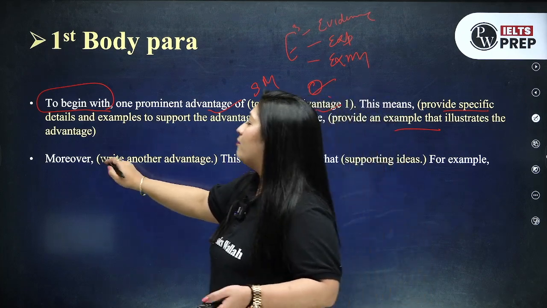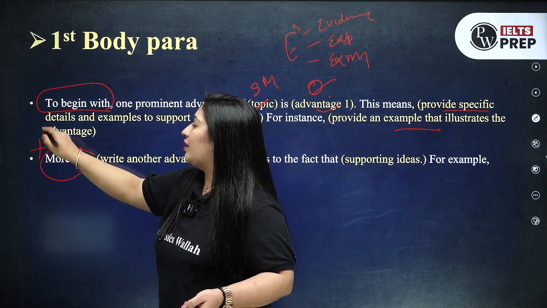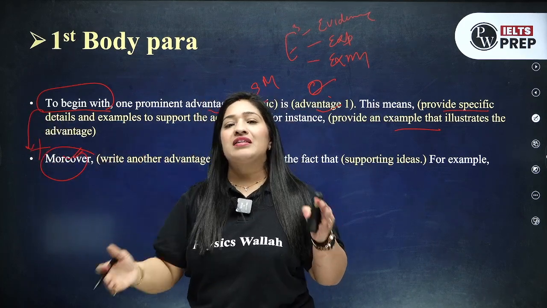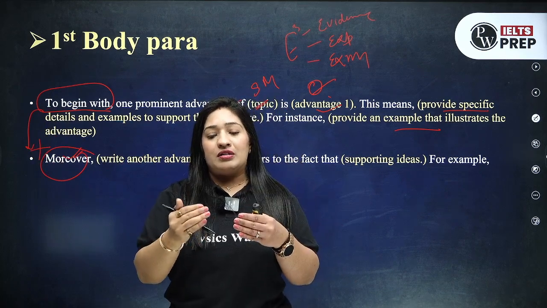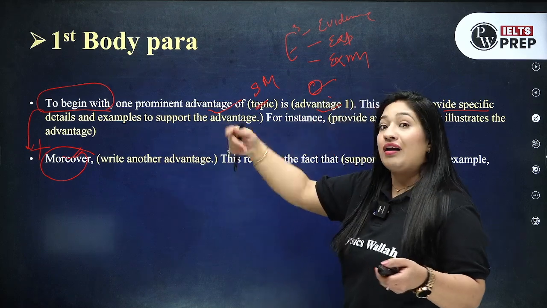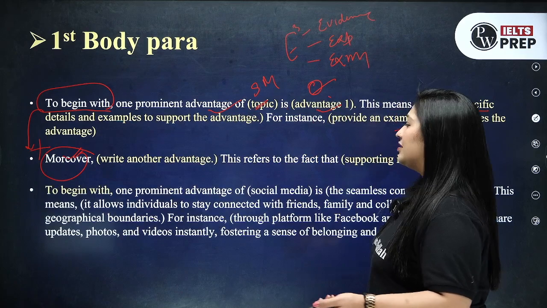So by adding moreover, this is a connector, a linking word, with which we add more information in the same sequence. Means I'm not going somewhere else, I'm writing some more points in the same sequence. So by saying moreover, write down another advantage. So in one body paragraph, you can write the 2 advantages and then supporting ideas.